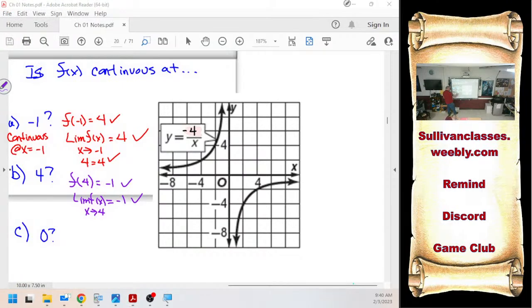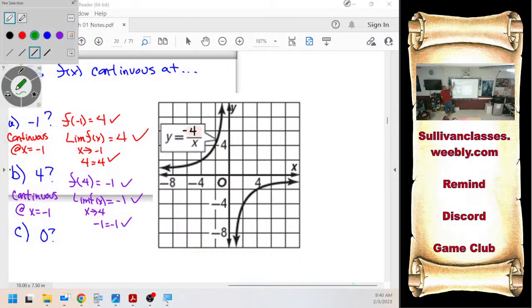Passes the second part of the test. Third part of the test, does the function value equal the limit? Does -1 equal -1? Oui. So I would say it is continuous at x equals -1. But what's going to happen when I plug in 0?